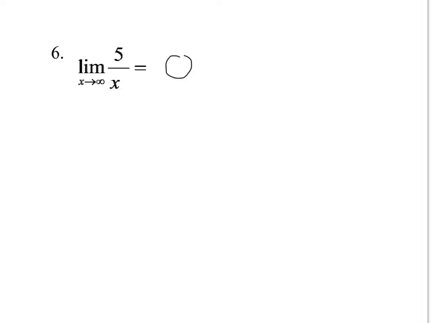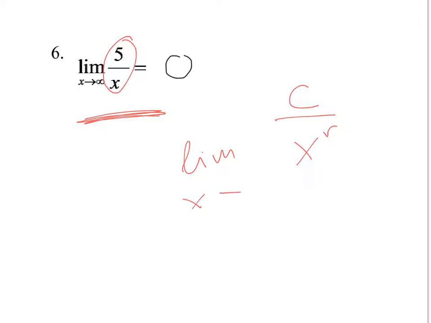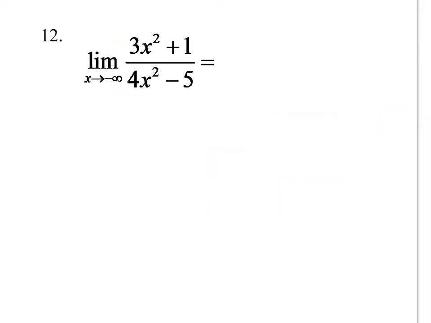So as x gets infinitely large, the value of our fraction becomes 0. And we're going to use, again, the idea that any constant over some power of x, as x goes to infinity, that limit is 0.